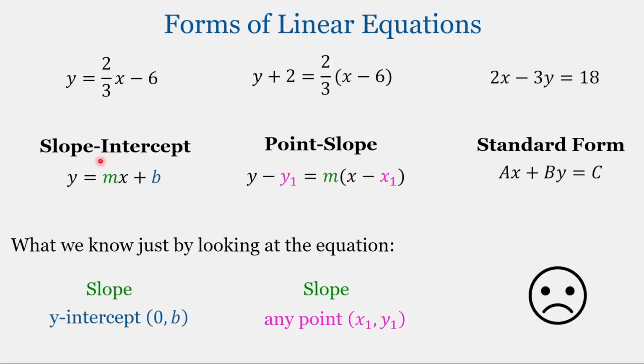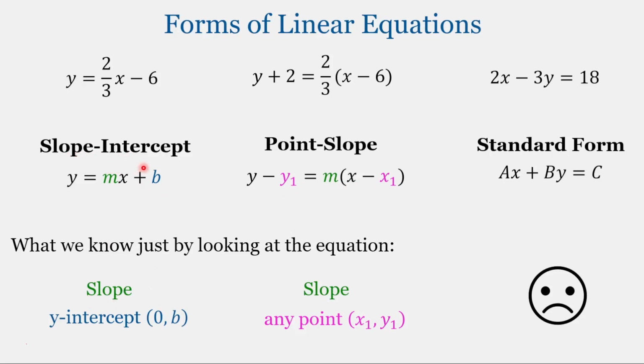We have already looked at the slope-intercept form and the point-slope form, and we saw that just by looking at an equation written in either of these forms, we can get some information about the line. For both forms, we can find the slope of the line, which in these two equations is indicated with the m, and we can also find a point on the line.